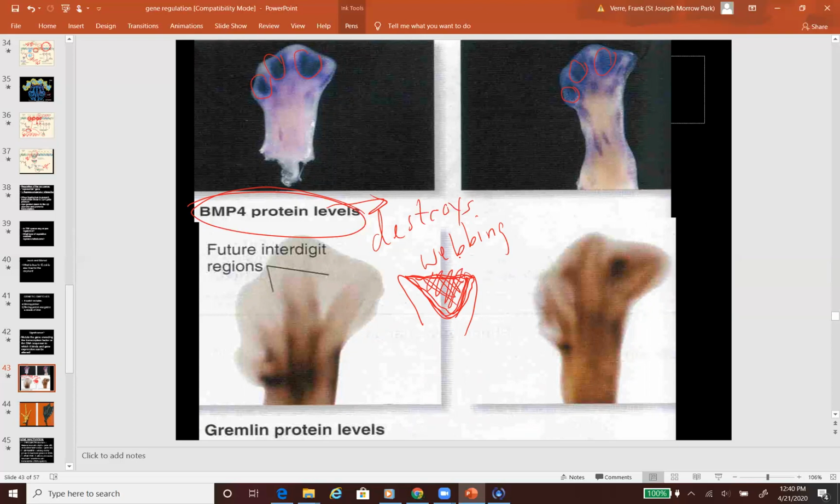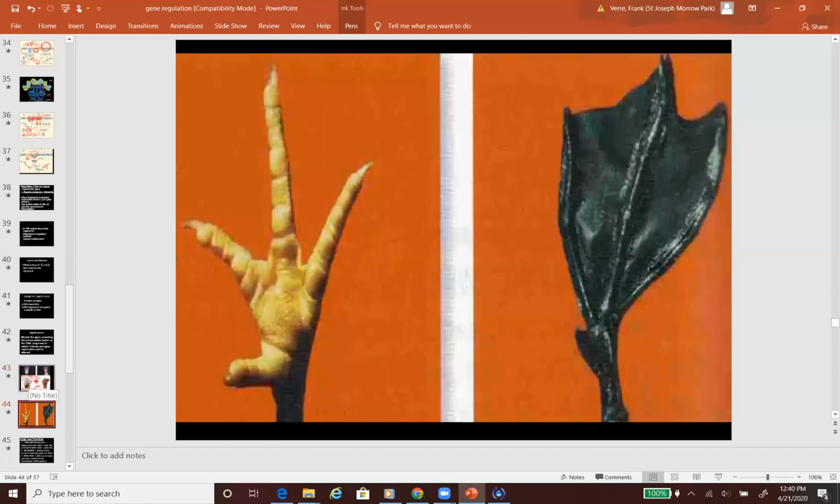Now, there is a protein called gremlin, and what gremlin does is it stops BMP4. It blocks it. So in other words, if BMP4 removes the webbing, then gremlin would keep the webbing. And that would be the difference between a chicken's foot and a duck's foot.